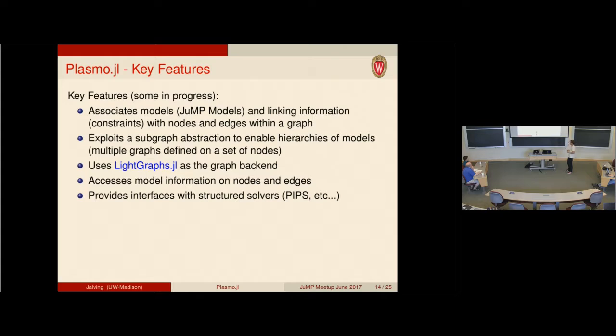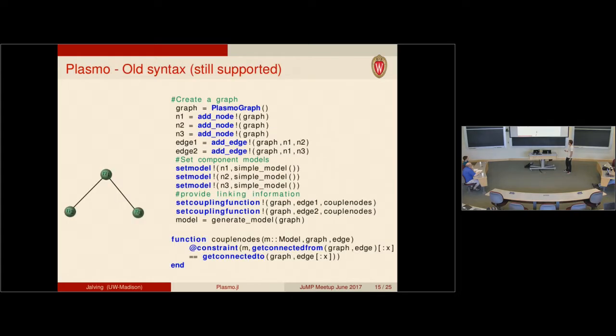Of course, when we solve a model, we can also access the model information on the node or the edge. And then if we have the right structured interface, we can provide that to a parallel solver. So we're also providing interfaces to a lot of the parallel solvers, such as PIPS and DSP, which are written at Argonne.